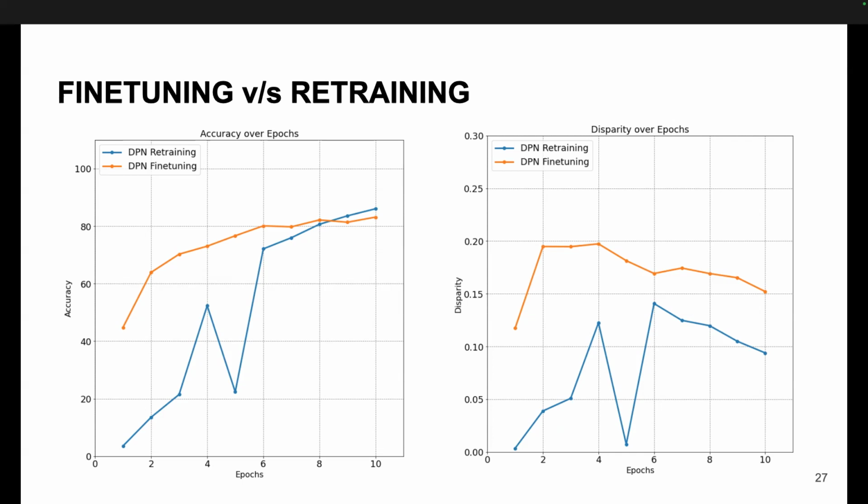Then we used another one, which we trained from scratch, and we fine-tuned the pre-trained one on the VGGFace2 dataset. Interestingly, as expected, the one we are fine-tuning does have a higher accuracy to start with, but the retrained one eventually starts catching up quite quickly.